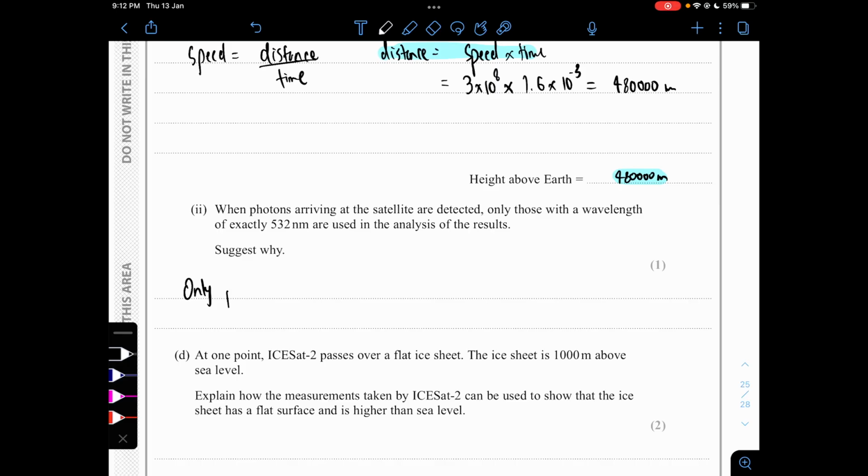So only photons emitted by the laser should be recorded. And that is sufficient explanation.